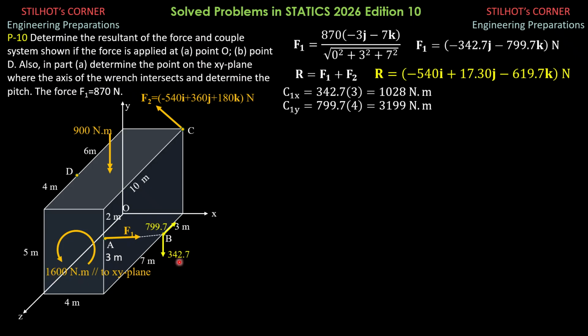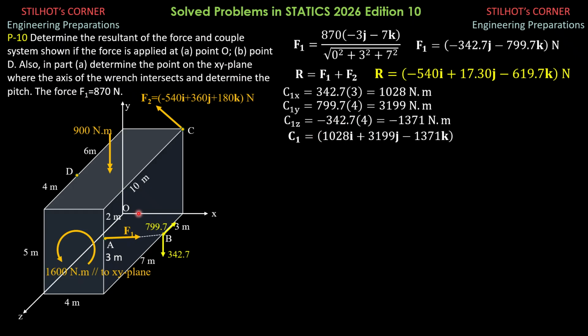So it is negative 342.7 times 4, that's C sub 1z. Therefore, in vector form, C sub 1 is 1028i plus 3199j minus 1371k. But before that, let's show that by the vector approach, it is the same.